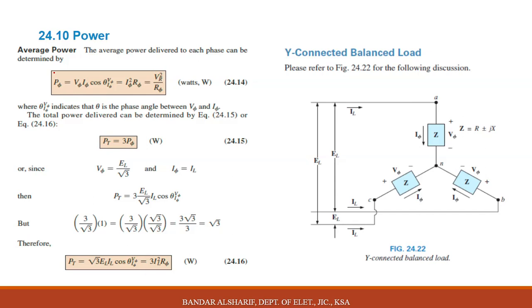And we know that to find the active power, we need to multiply voltage phase by current phase.